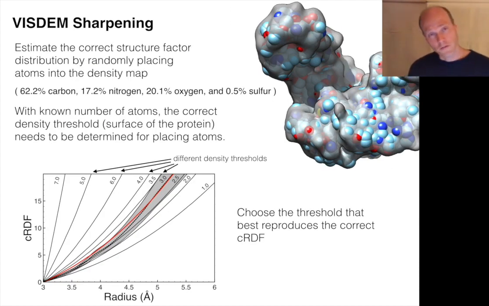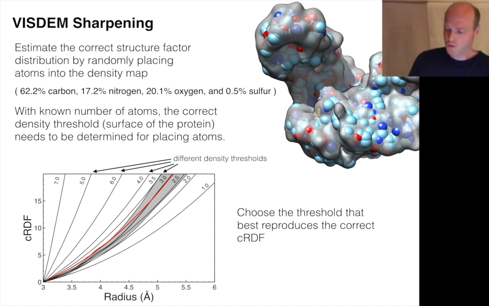So what we're doing in VISDEM now is we're estimating the correct structure factor distribution by randomly placing atoms into the density map. So this is basically going one step further than in the Wilson statistics, where you assume just random placement of atoms everywhere.